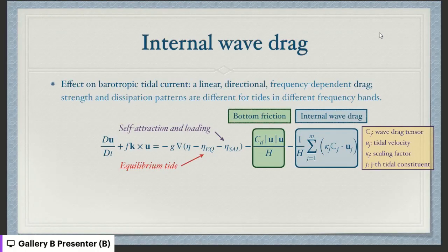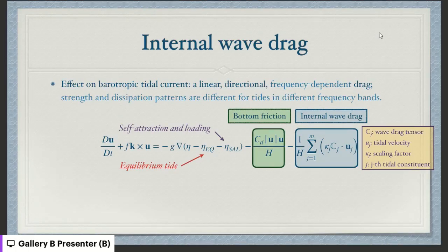The effect of this energy conversion on the barotropic tides is a linear drag. What's special about it is that this drag is frequency dependent, which means that the strength and dissipation of the barotropic tidal energy are different at different frequency bands.